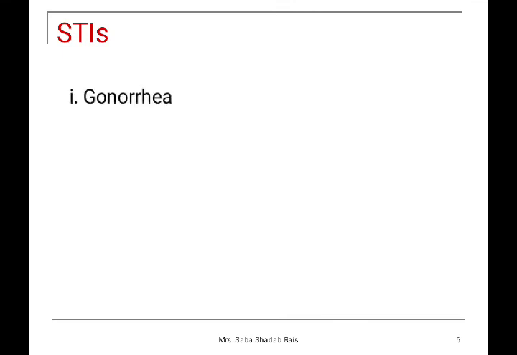gonorrhea. It is caused by the bacterium Neisseria gonorrhoeae, and it is the second most common cause of infertility in women. Now see, this particular disease is caused by bacteria, and this bacterium Neisseria gonorrhoeae produces a bacterial toxin. Understand?